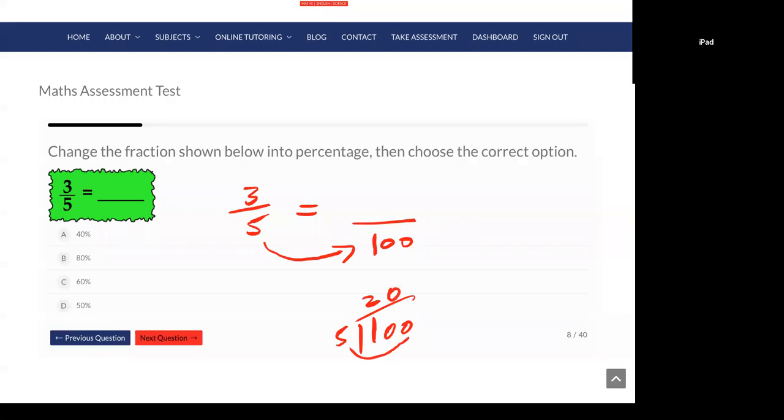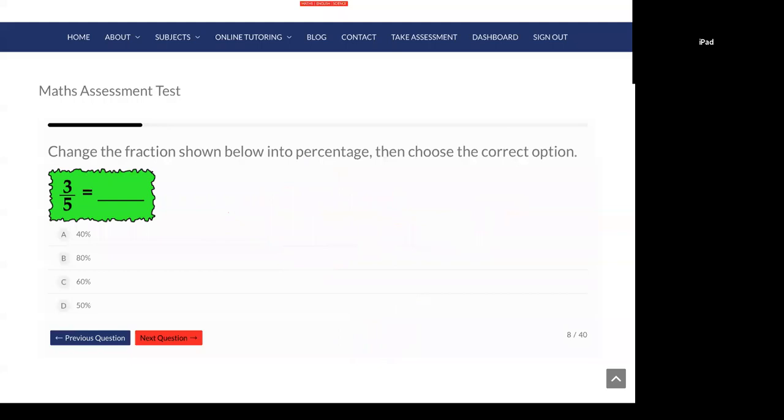So 5 times 20 is 100, and we multiply the top number by 20. We do exactly the same thing. So 3 times 20 is 60, and that gives us 60%. Okay? So let's go for 60% here.